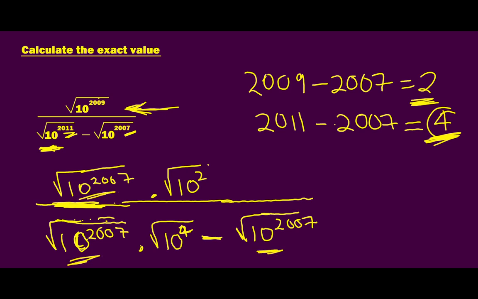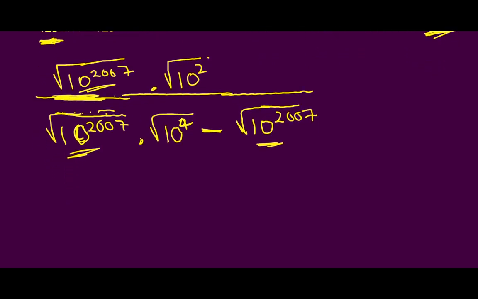You can see the factor is the same value, square root of 10 to exponent 2007. So now we're going to take out the factor so that we can cancel out or divide those factors out. So what I'm going to do is just extend the screen so you can see what we're going to do now.